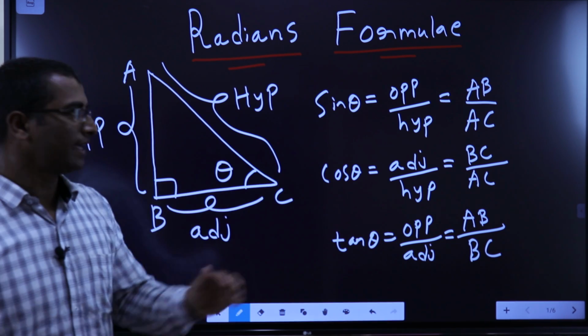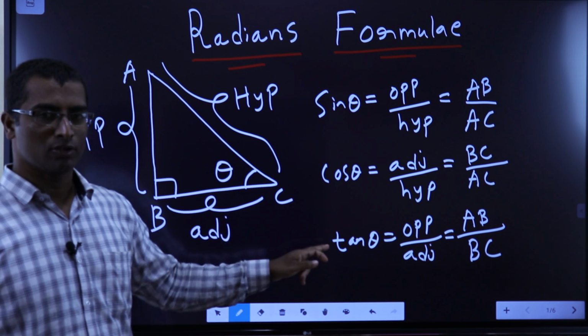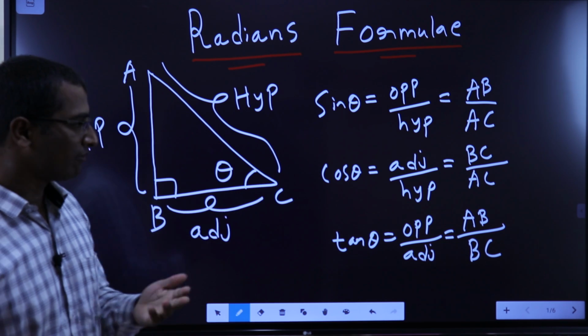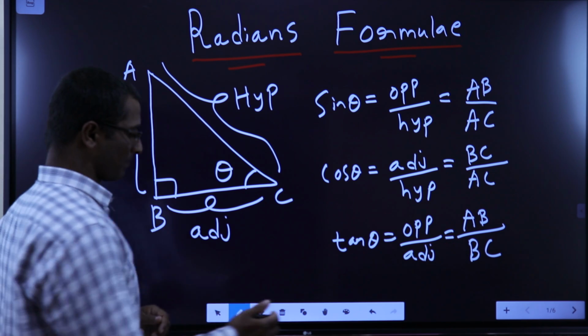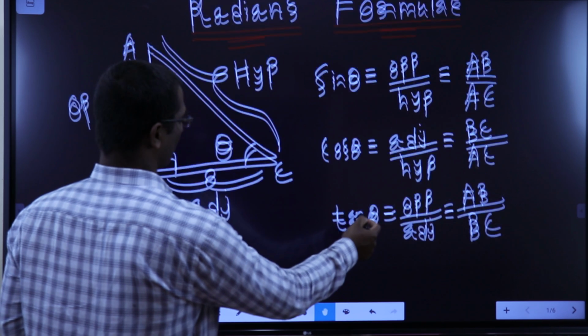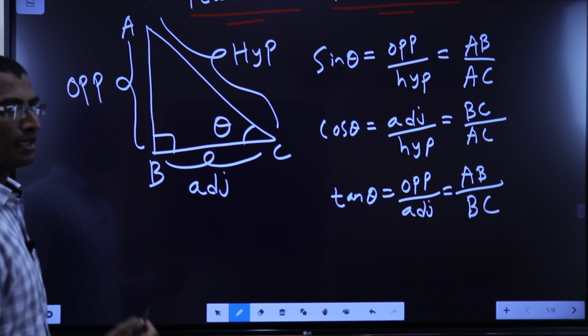In any right angle triangle, these trigonometric ratios can be applied. You already know this since you learnt it in grade 10th. And one more thing that can be applied is Pythagoras theorem. And what does Pythagoras theorem tell?